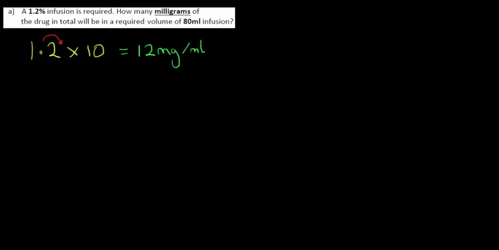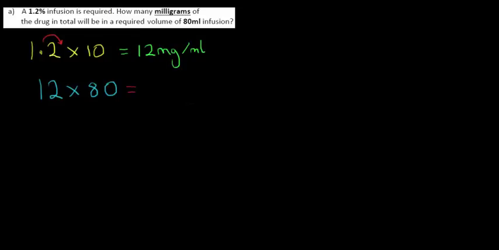So if there are 12 milligrams in 1 milliliter, there must be 12 times 80 milligrams in 80 milliliters. So we next need to multiply 12 times 80. There's a nice trick you can do when you're multiplying two numbers and one of them ends in a 0. You simply ignore the 0, work out the multiplication and put the 0 back in at the end.